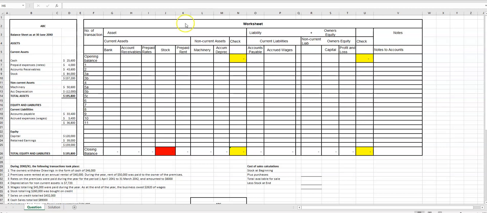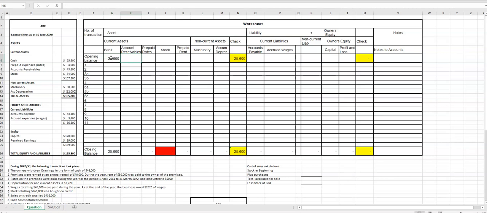So in our current assets we have cash. Now cash is another way of calling bank, and we have 25,600. Might help if I put it in the right column. 25,600.